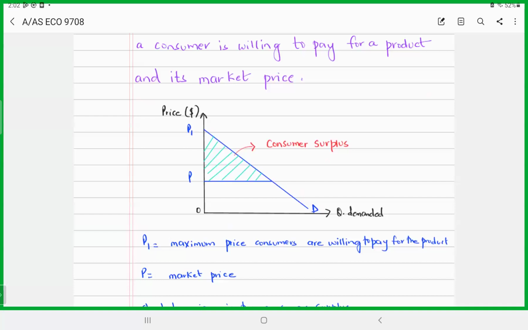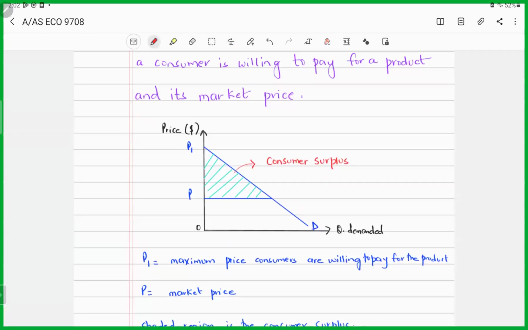You see, when you look at P1 and when you look at P, this is the market price. So the area which is under the demand curve and above the market price, the shaded region. So a good way to remember is the area above the market price and under the demand curve. That is the consumer surplus. All right.